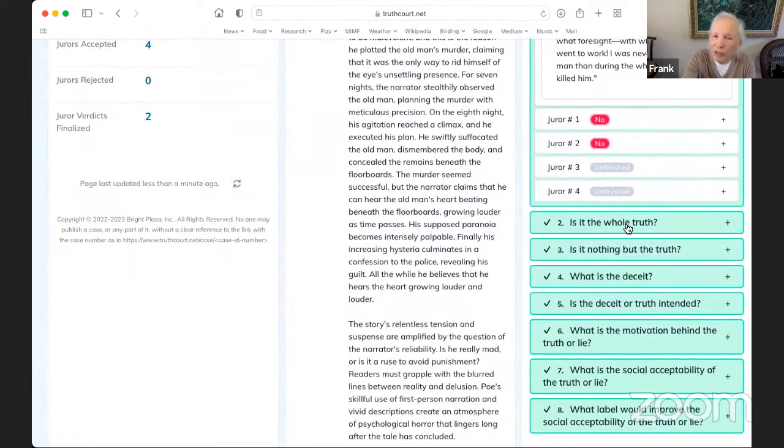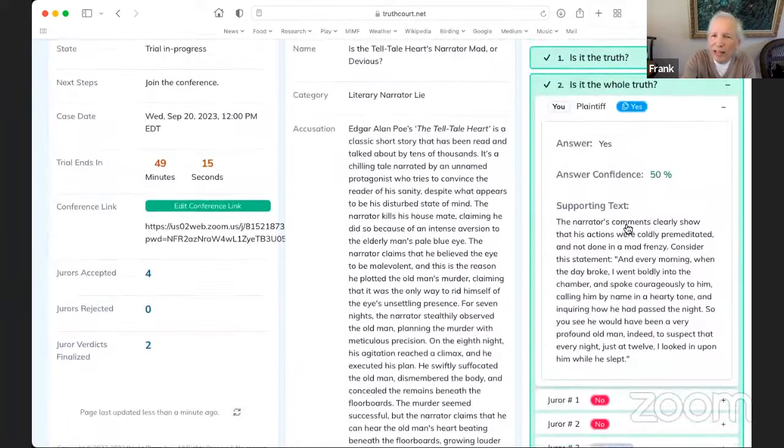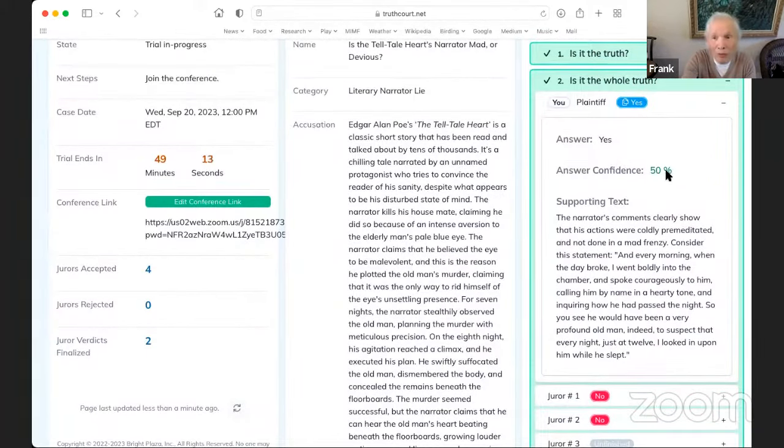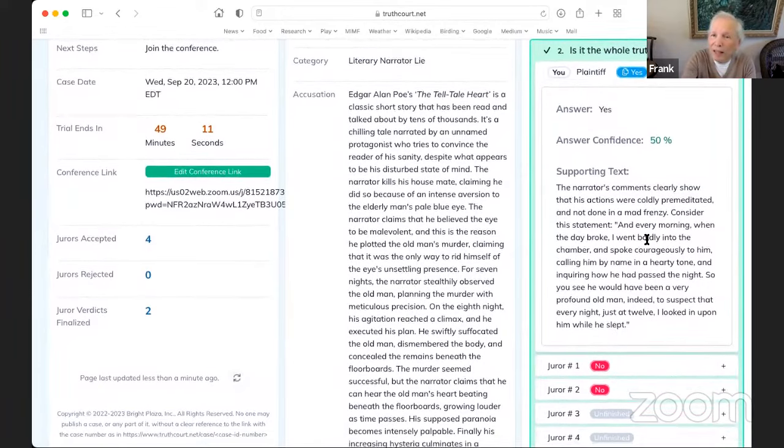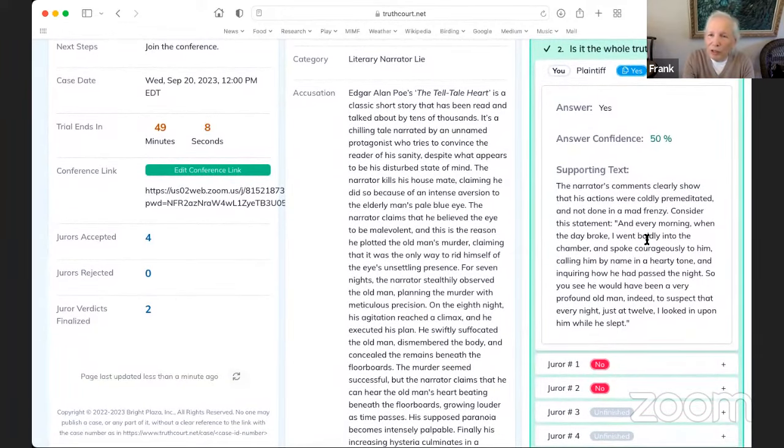Second question, is it the whole truth? Again, I'm saying yes. Again, I'm only 50% confident. And I say that his actions clearly show that these were premeditated, not done in any mad frenzy. Consider what he said. He said, "And every morning when the day broke, I went boldly into the chamber and spoke courageously to him, calling him by name in a hearty tone and inquiring how he had passed the night.